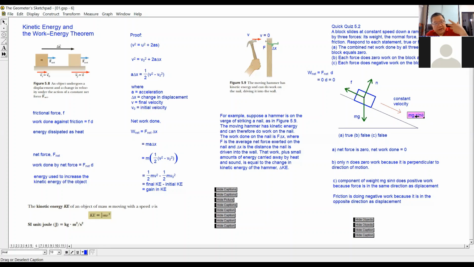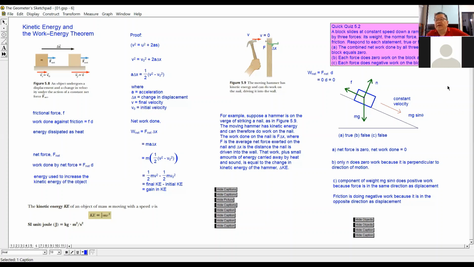So the weight is doing work. You cannot say all three are not doing work. Two forces are doing work, the normal reaction is not. So my answer is only N does zero work, because it's perpendicular to the direction of motion.